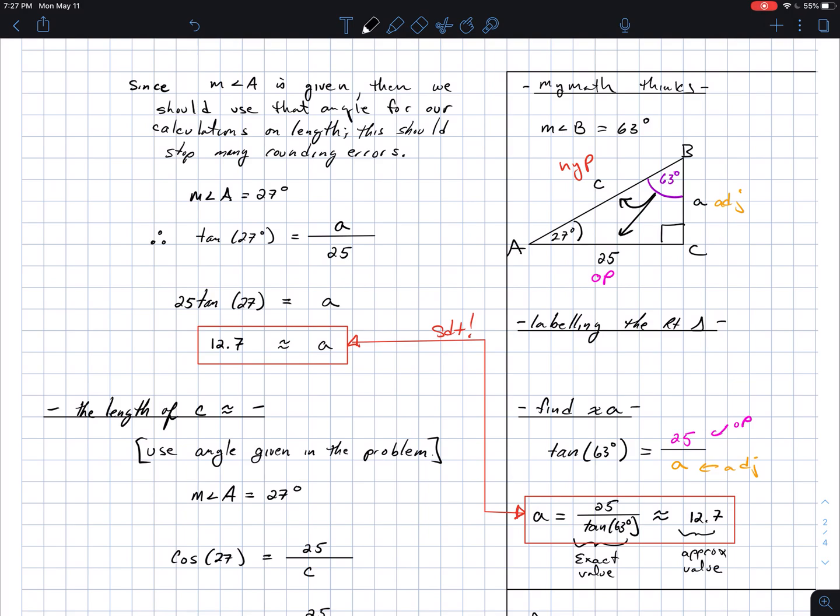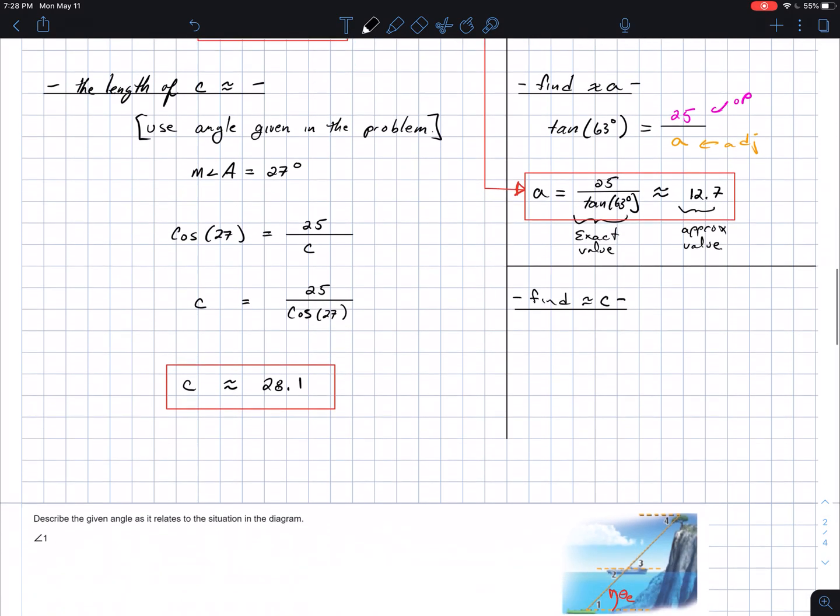Which trig ratio, sine, cosine, or tangent, is going to allow us to successfully solve for C? Yep, that's right. The sine, right? Opposite over hypotenuse.